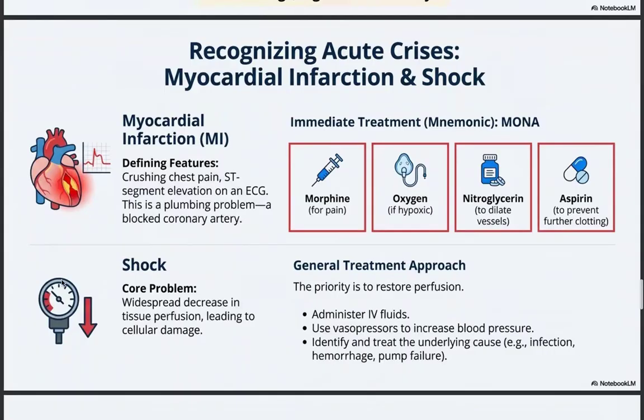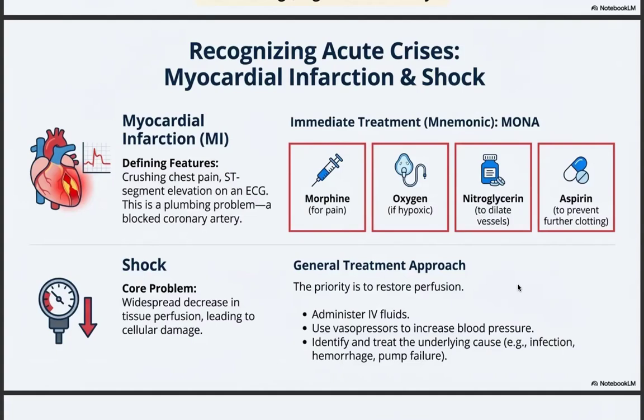Okay, MI. So I just mentioned a little bit ago the difference here: ischemia is a lack of blood flow to an area. Infarction is also lack of blood flow, but they have tissue cell death. So there's a STEMI versus an NSTEMI. A STEMI is going to be an ST elevated myocardial infarction.